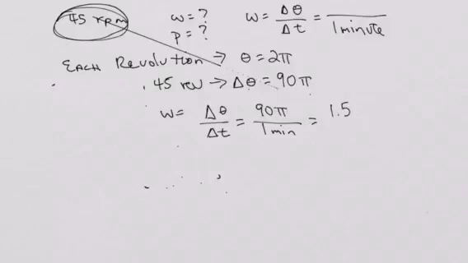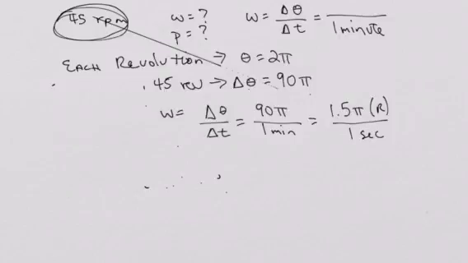That gives us 1.5 pi radians per second. And that's what omega is.